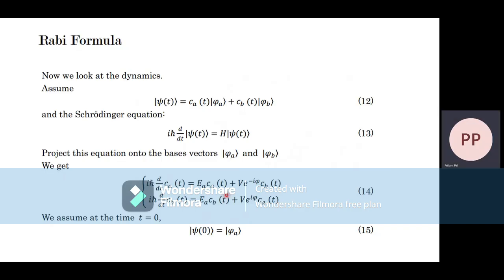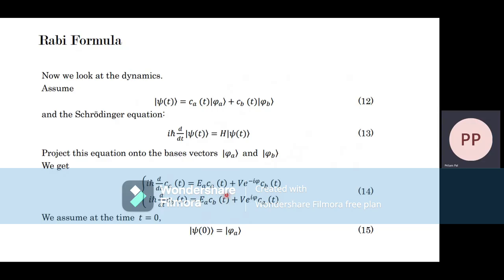But it's no longer constant. This became a function of time. So this state will start to evolve, right?